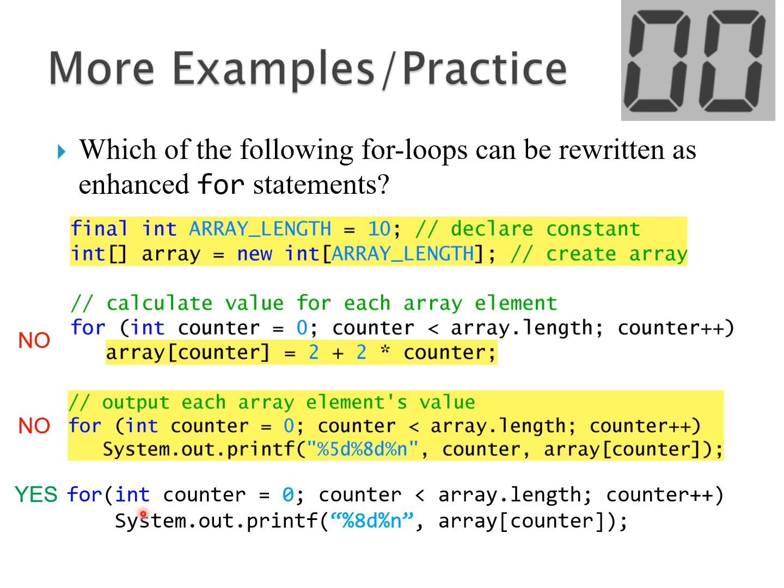The enhanced for statement that you can write here should have the type int, and you can use some variable name to catch the value of array counter, and after the colon you write the variable array, and then in this printf you just replace the array counter with whatever variable you use in the enhanced for statement.